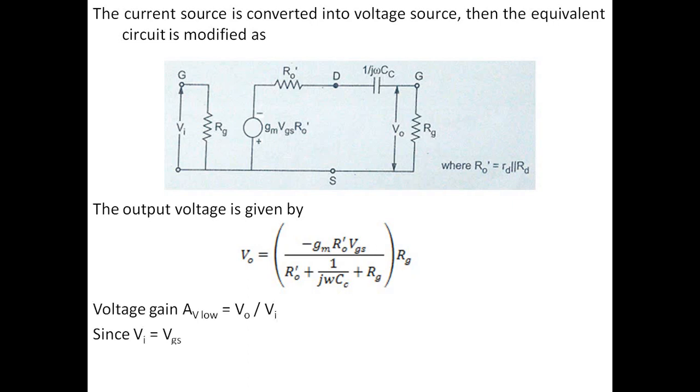We know the voltage gain AV at low frequencies is equal to V0 by Vi, because VGS is equal to Vi. Replacing it, V0 by Vi equals minus gm R0 dash RG divided by R0 dash plus RG plus 1 by j omega CC.